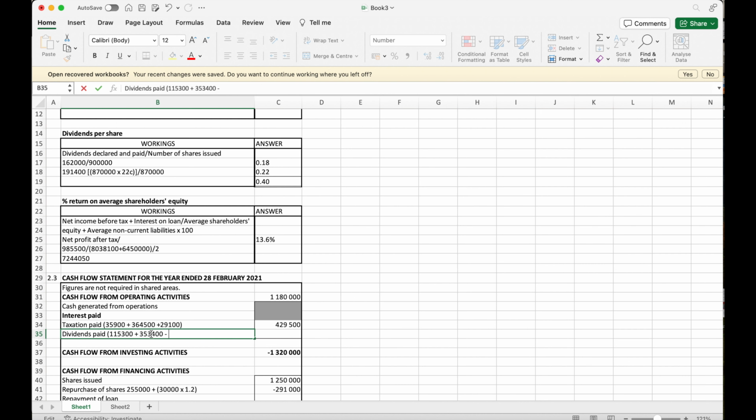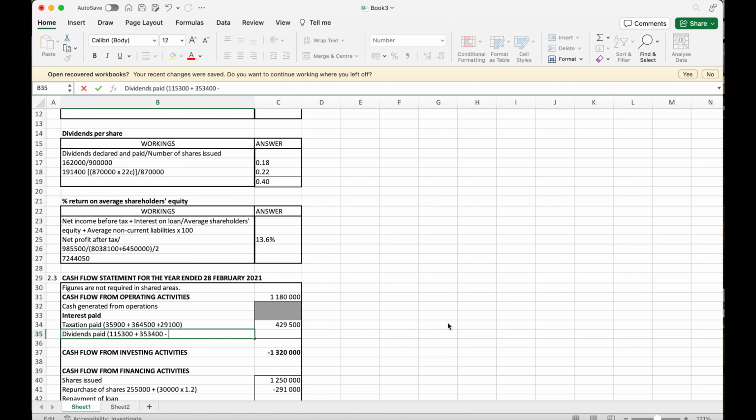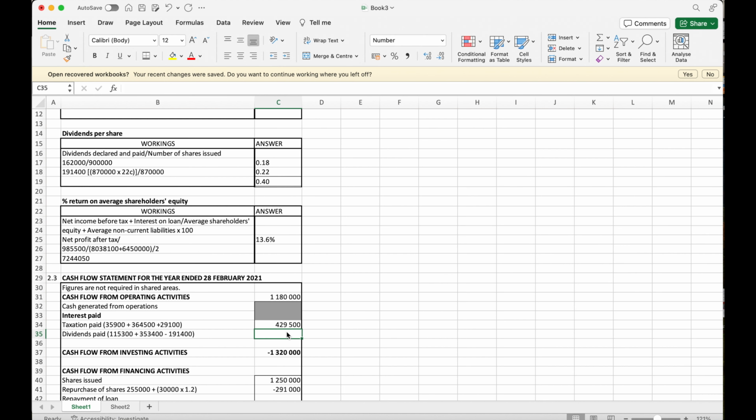Minus an amount recorded as a comparative figure, just like we started with the balance at the beginning. The end of year was 191,400. And then you just do the calculation: 115,300 plus 353,400 minus 191,400, and you are happy with 277,300.